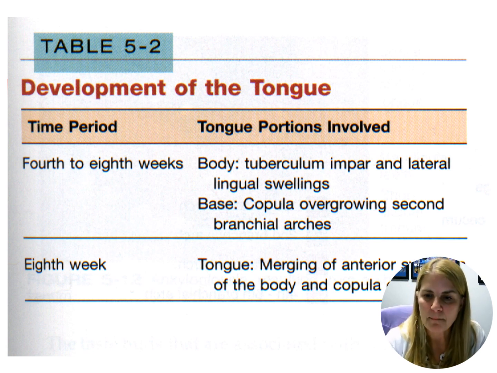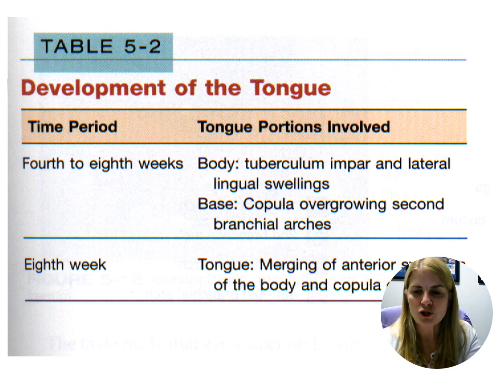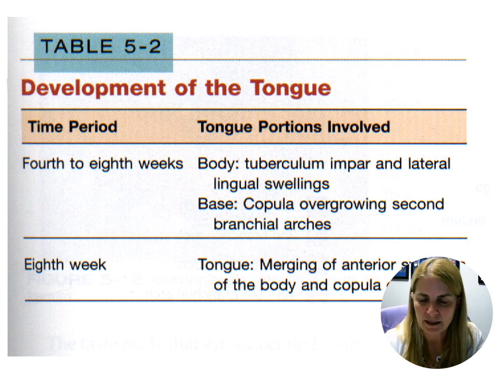And at the 8th week, we have the merger of that anterior surface, the body of the tongue, with the copula area, which is the base of the tongue, and where that merger is the sulcus terminalis, so the dividing line between the base and the body of the tongue.